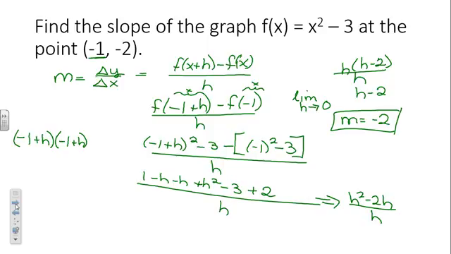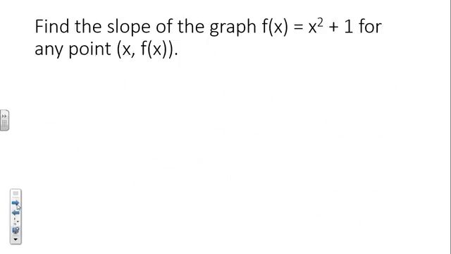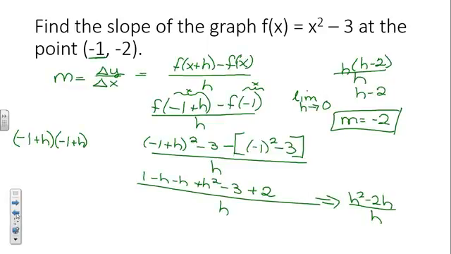Let me show you how we do it for any point. The previous one, we were looking just specifically for one point. And now we're going to find that slope of the whole curve for any given point. So you can plug in multiple points for x and find the slope at any point along there.